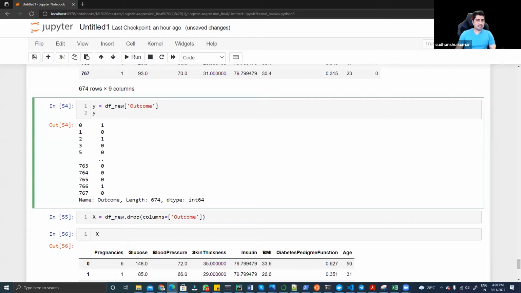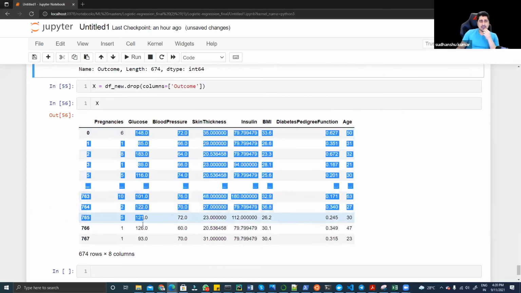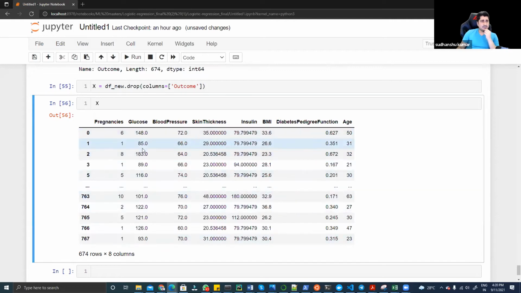Now, once I am able to separate this, we have an idea that our data set is not skewed, but my data set is varying between different ranges. If I observe this data, my glucose is varying again in a huge range.